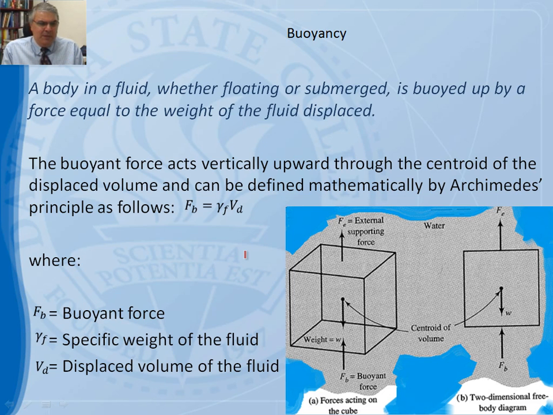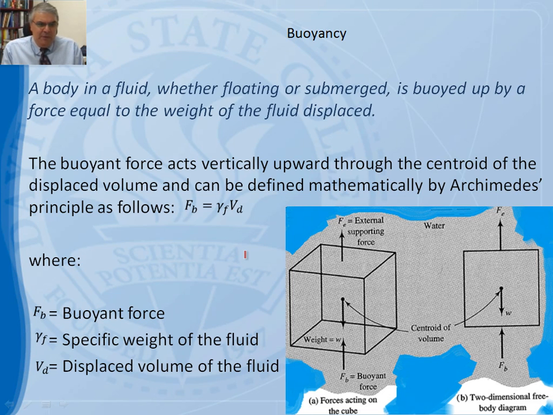If we have an object as shown here and it displaces, let's assume it's in the form of a cube and it displaces the volume equivalent to the volume of the cube, then we can mathematically define the buoyant force as density multiplied by volume.